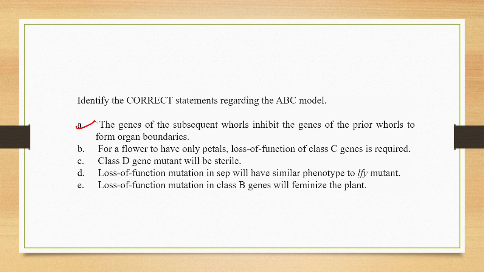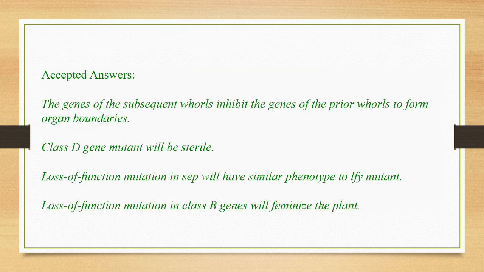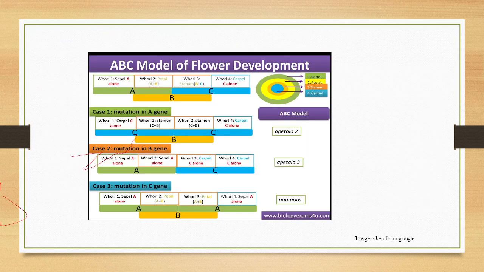Then next is for a flower to have only petals, loss of function of class C gene is required. Now we want only petals. See, for only petal formation, we need A plus B. A plus B will lead to the formation of petals.